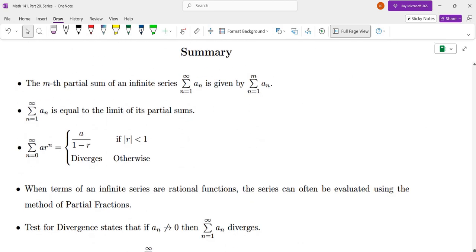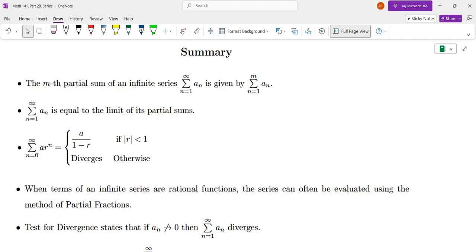So to summarize, what we did was we know that the infinite sum can be found by taking the limit of partial sums. A partial sum is the sum of the first few terms of a series. If we have a geometric sum, we can evaluate that as long as the common ratio is between -1 and 1, and the formula is the first term divided by 1 minus the common ratio.